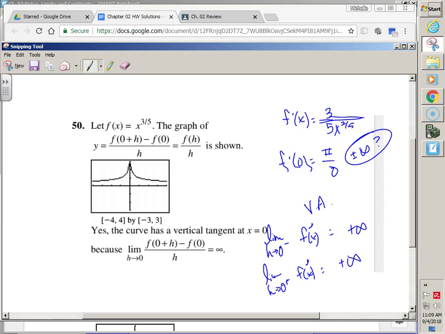His derivative, on the other hand, does not exist at 0, but his original function, the domain, is all real numbers. Or we have a derivative that doesn't exist going on. And so for this guy, you would have taken a limit as h approaches 0 from below the derivative.